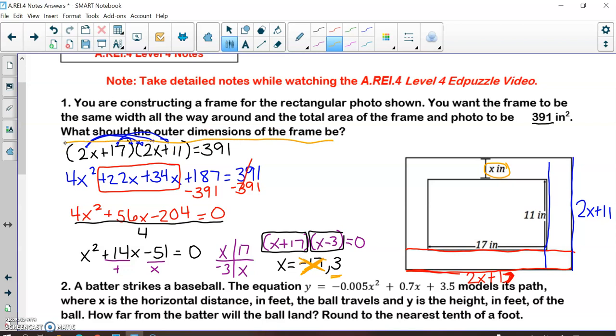So if x is 3, if I do a 2x plus 17, that's going to be 2 times 3 plus 17, which is going to give me 23 inches. And same thing over here, 2x plus 11, 2 times 3 plus 11 would give me 17 inches. So the dimensions of my frame are 23 by 17 inches.